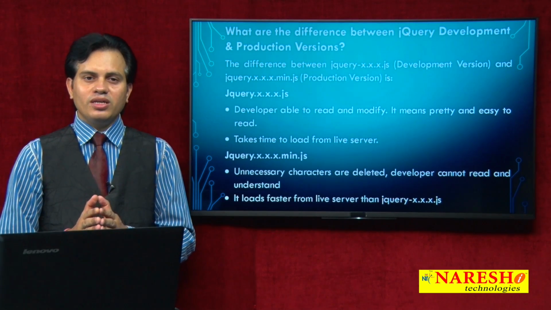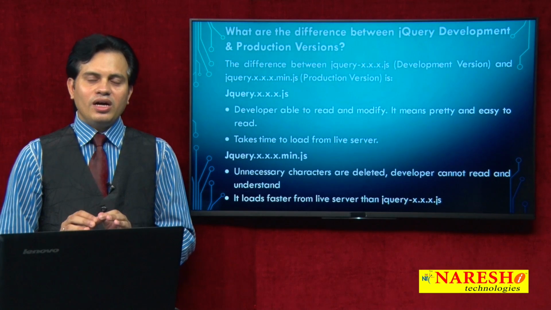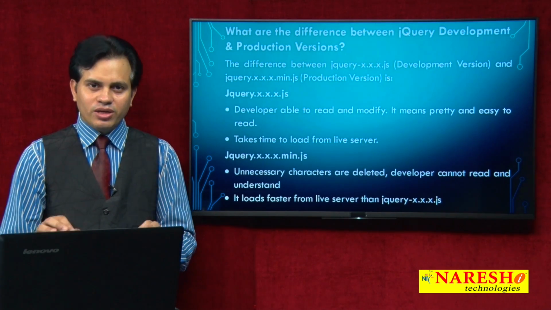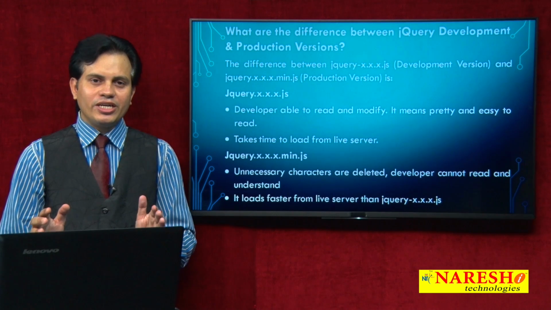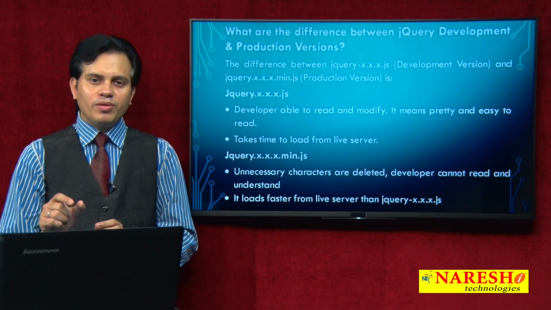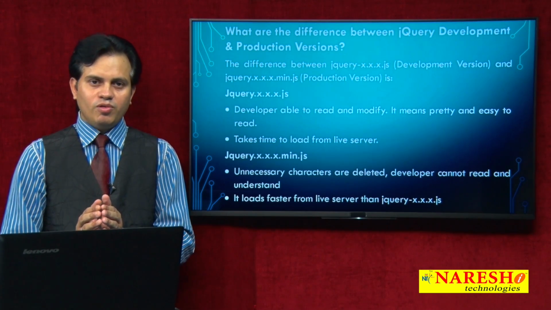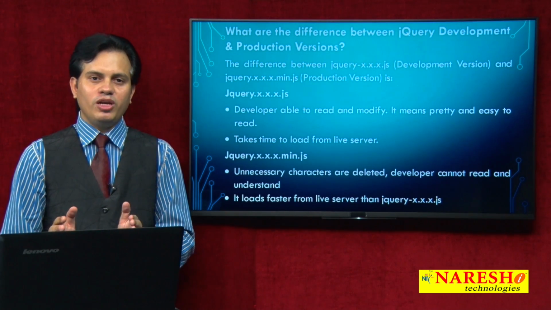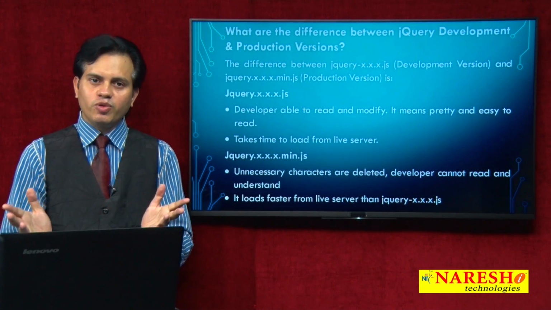Compressed means in the file unnecessary white spaces, unnecessary indentation, nothing but tabs, and all unnecessary new line characters are removed, as well as all the function parameters and variables have become short, meaningless variable names, not giving meaning to you to understand, but the functionality is going to be the same.